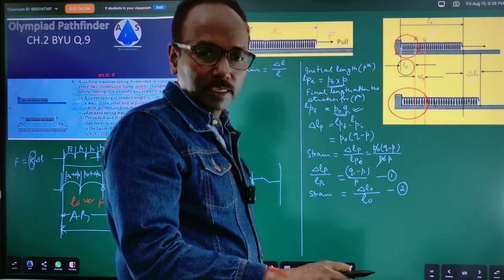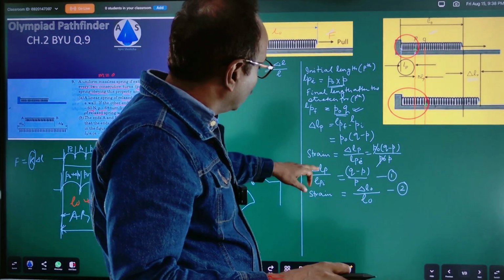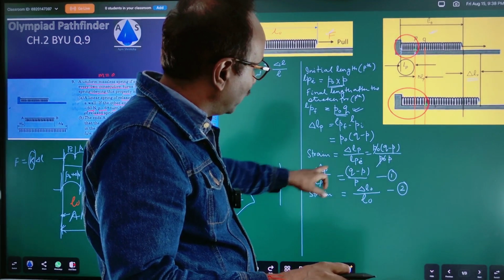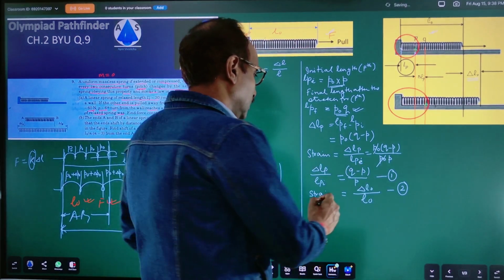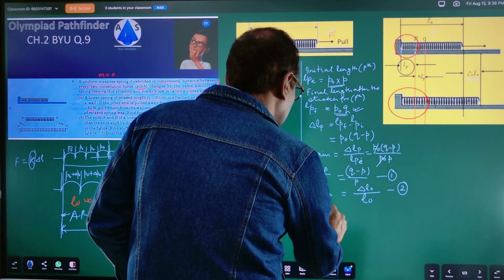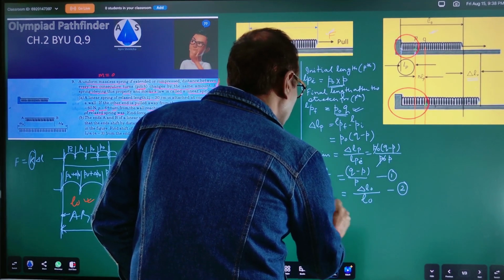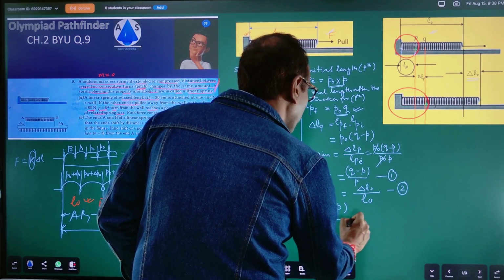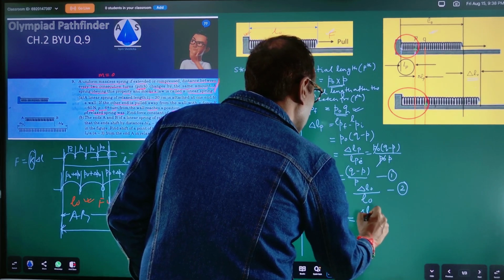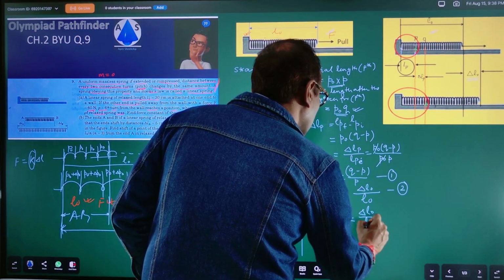For the linear spring, these two strains will be equal. So equation 1 and 2 will be equal. So we can write Q minus P divided by P equals delta L naught by L naught.